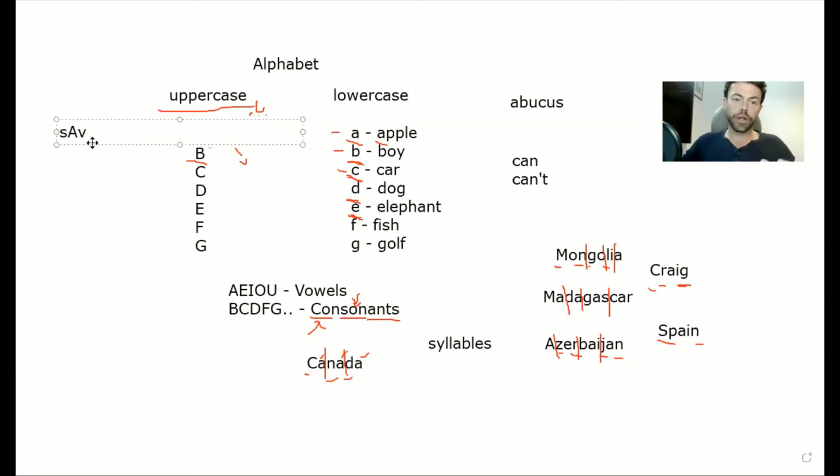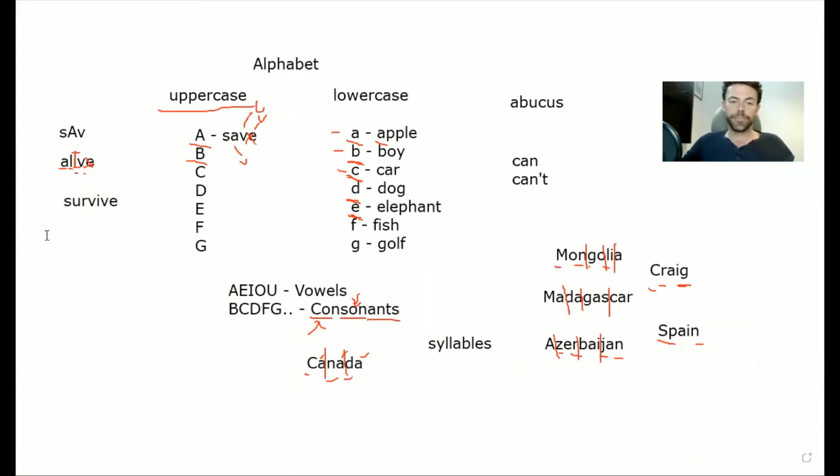Now, if it was spoken in a Romance language, Italian or Spanish, it would be save. Or this would be alive. But vowel, consonant, vowel, the E is silent. This becomes alive. And we have many, many examples of this.